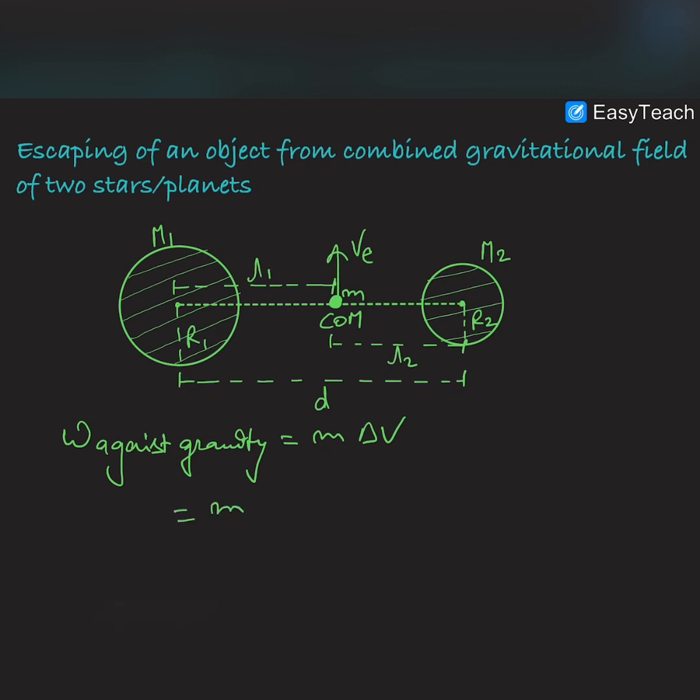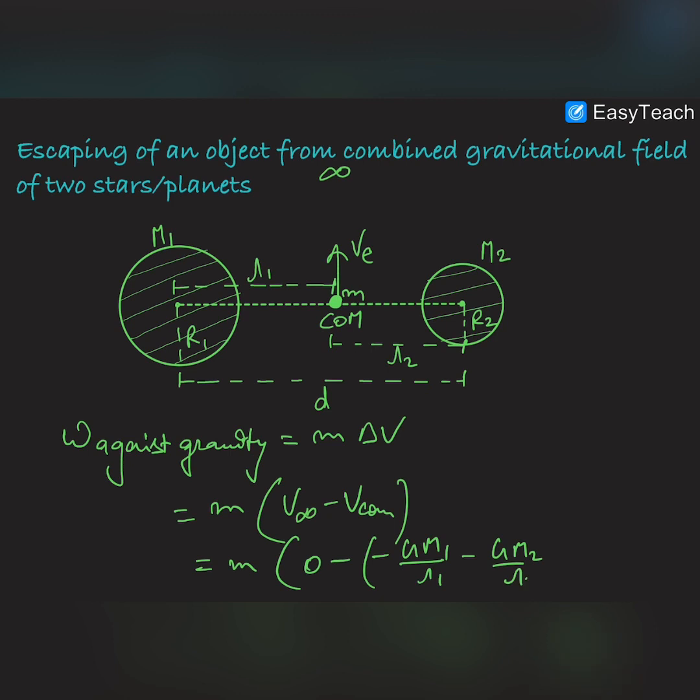Delta v is the potential at infinity minus the potential at this point, the COM. So this is m, and V infinity is 0, and V COM would be equal to minus G m1 by r1 minus G m2 by r2.